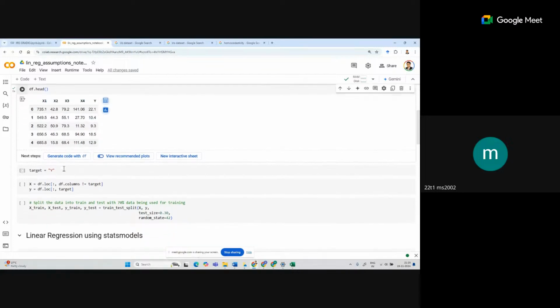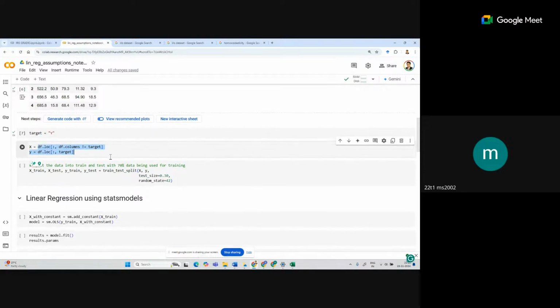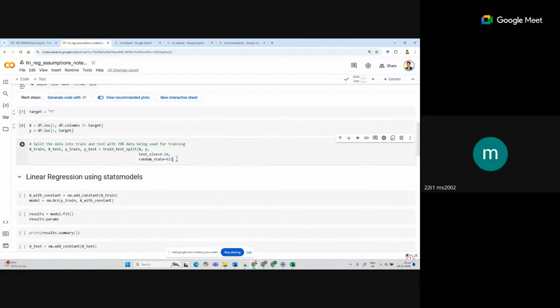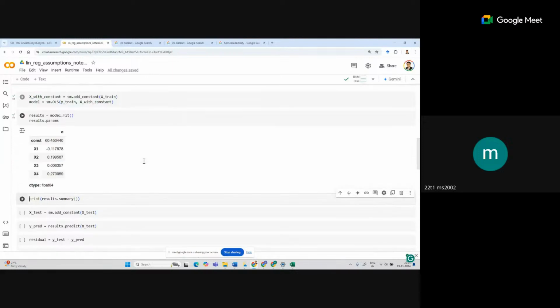I have my target variable named as target, and I'm splitting them as X and Y. And I do train test split here, where 70% goes to my train and 30% goes to my test. And I'm going to use this model called ordinary least squares, and then I'm fitting this OLS model.